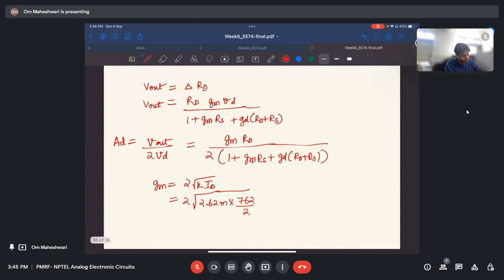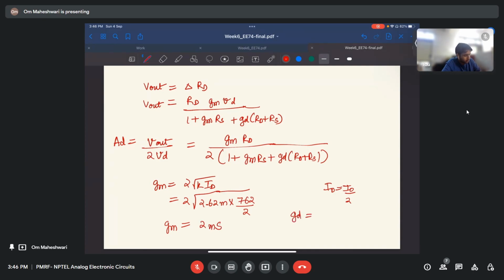So ID is I naught by 2, so we will have 762 by 2, right? So this will come out to be approximately 2 millisiemens.